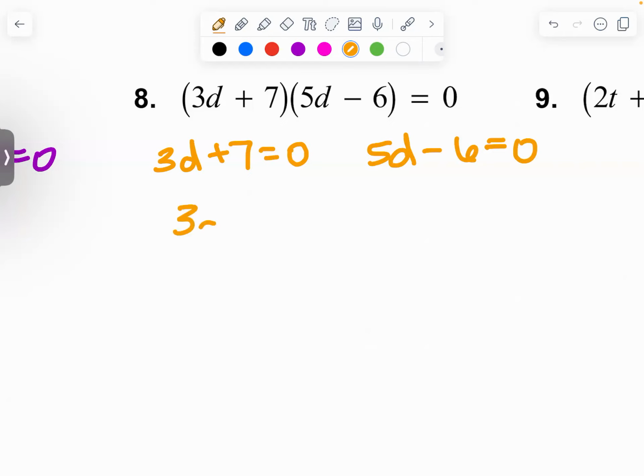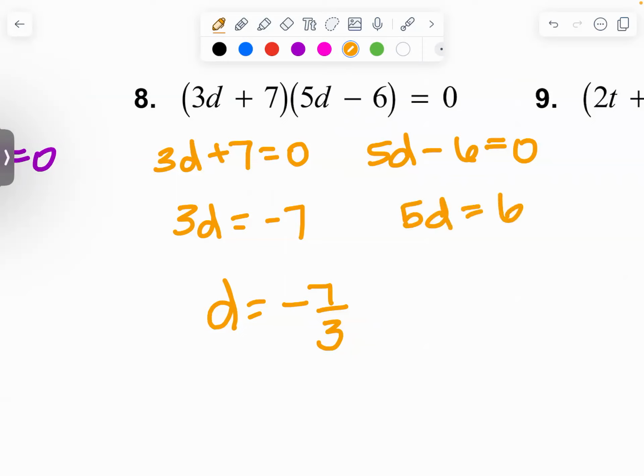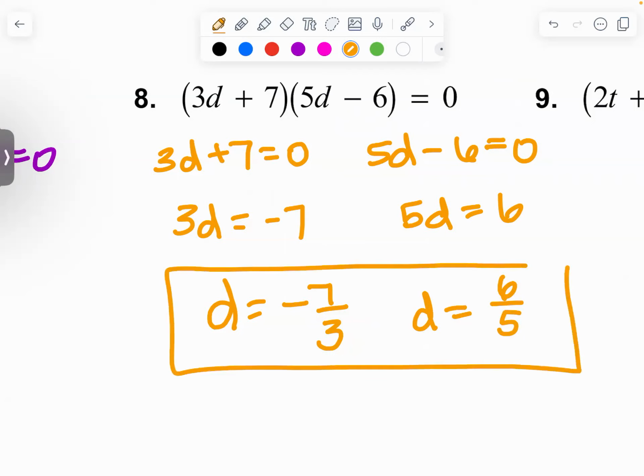We are going to get 3D equals -7, which means D is -7/3. Please keep it as an improper fraction. We are done with mixed numbers. Over here, 5D equals 6, which means D is 6/5.